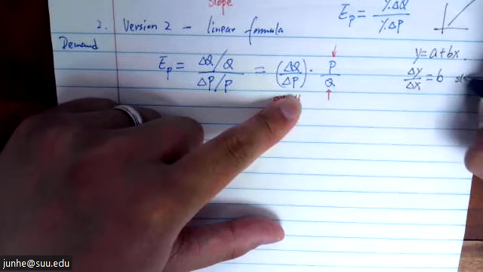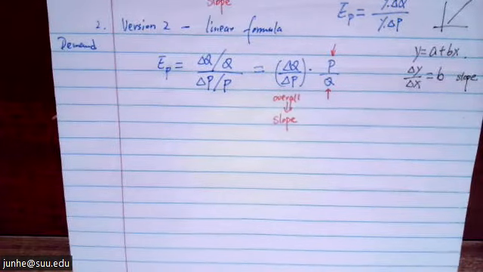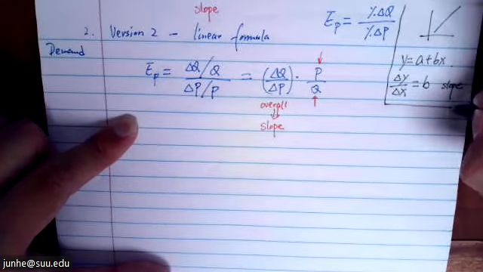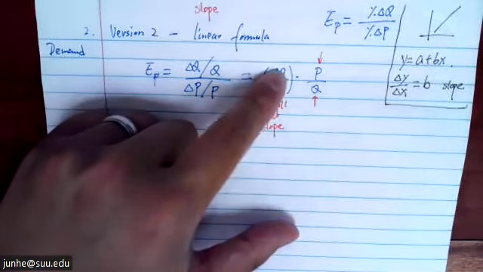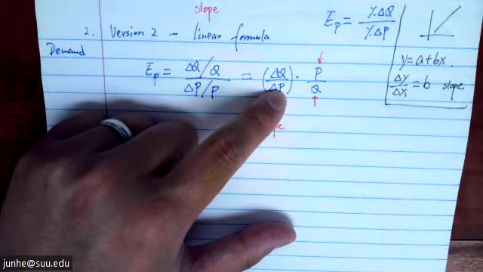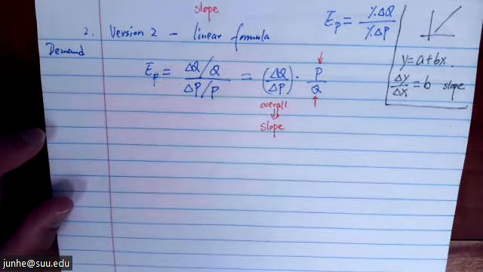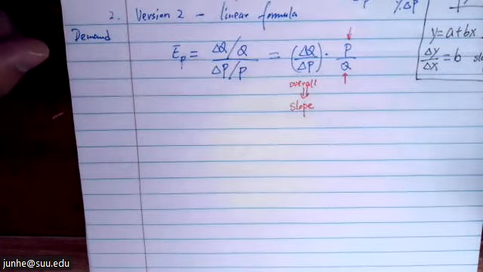That is your slope. So this is how you should consider delta Q over delta P. All right. And here, let's go to our question then.